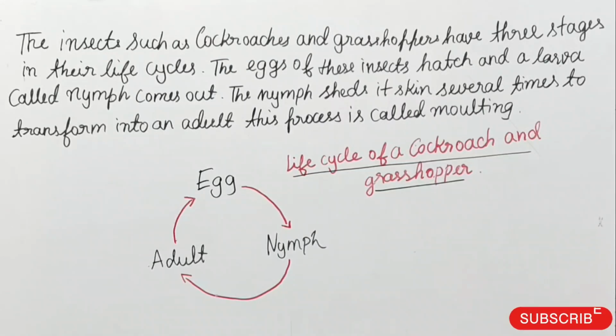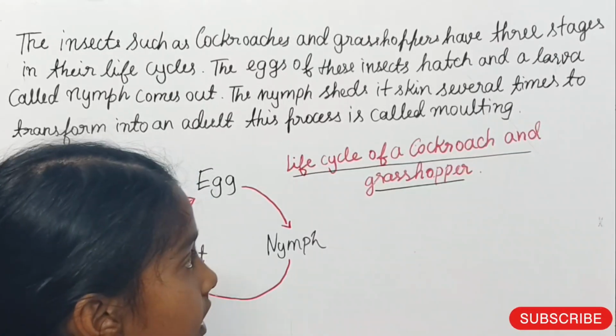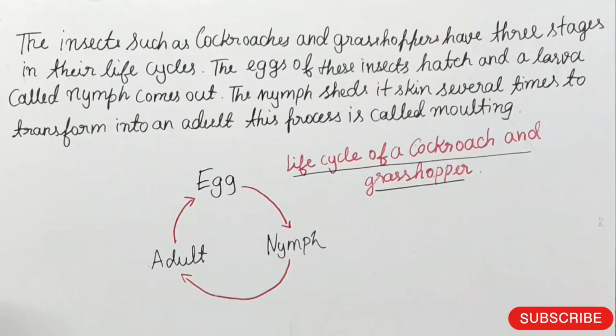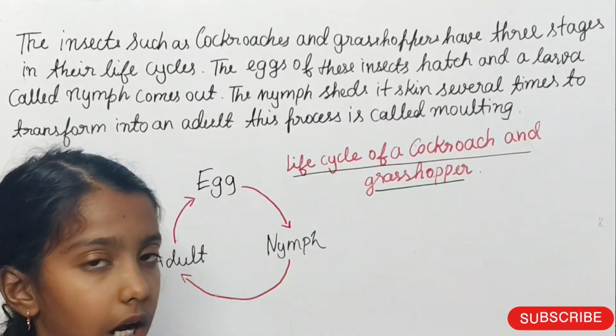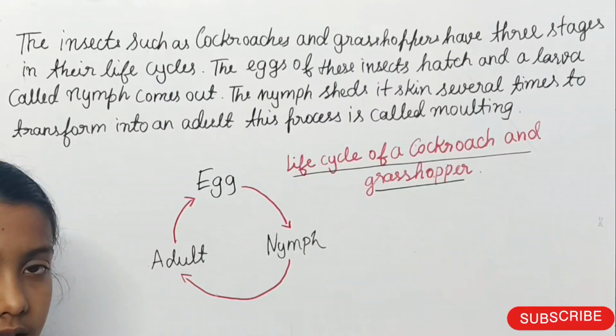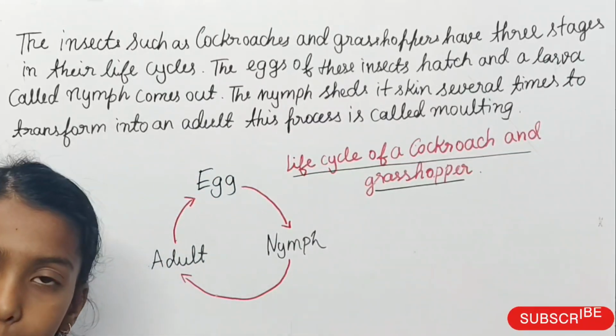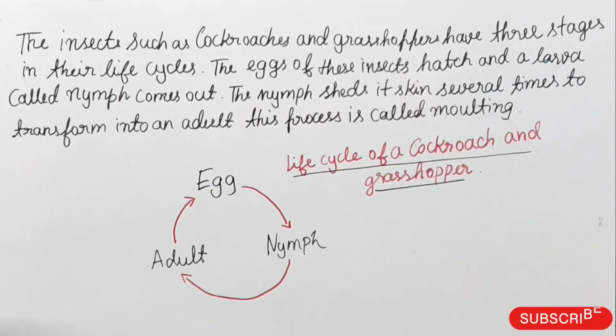This larva is known as nymph. The nymph sheds its skin several times to transform into an adult. So the nymph sheds its skin to transform into an adult. Okay, so this process is called molting.